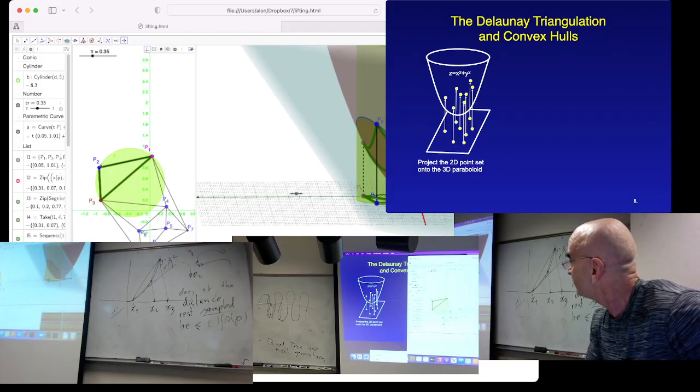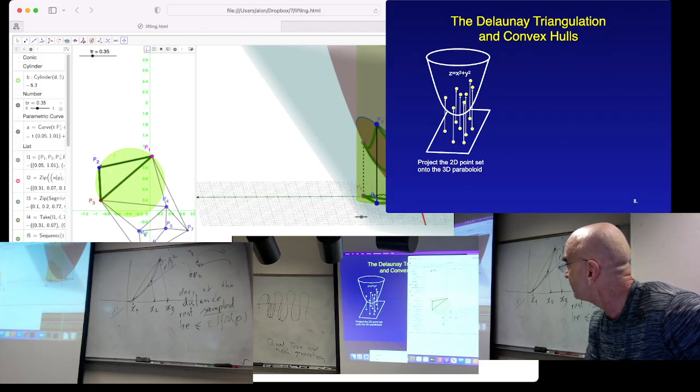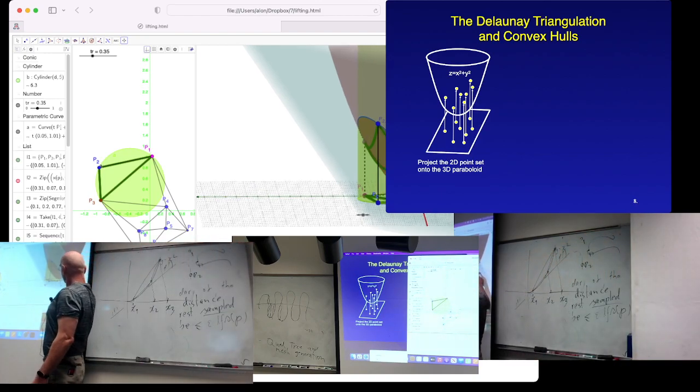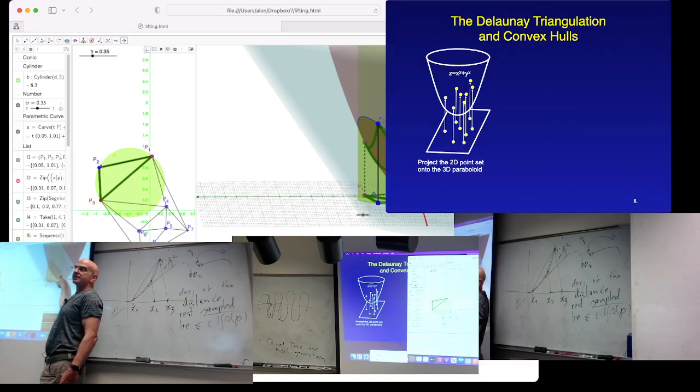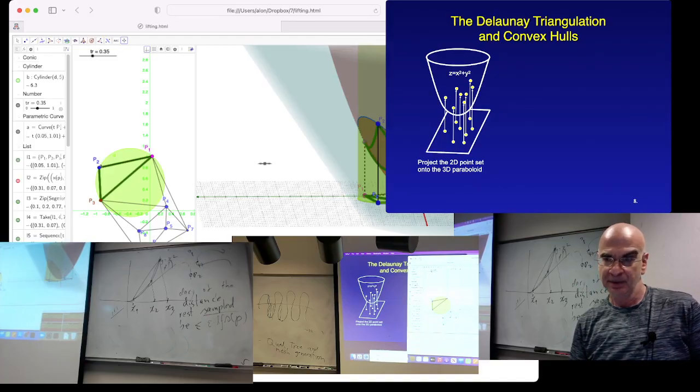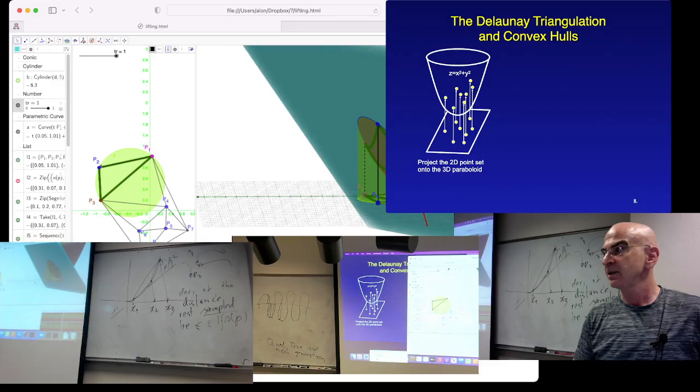And I want to convince you that these 3 points, because they are an empty circle, then there is no other pi that lives inside this ellipse, implying that all the points are on the same side of the plane that is going through P1, P2, P3. So I just changed the opacity of this plane. Again, what is this plane?